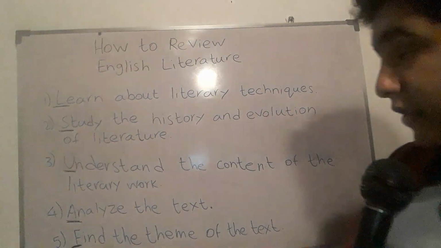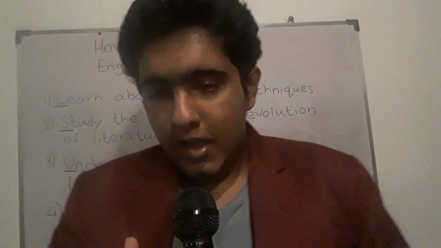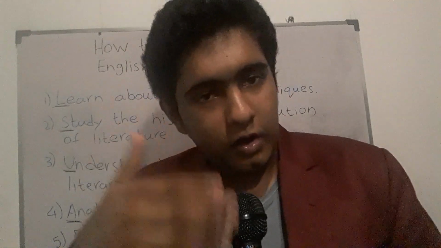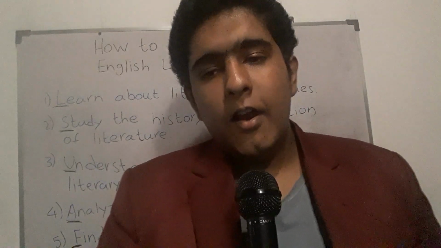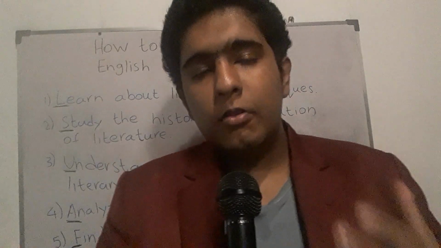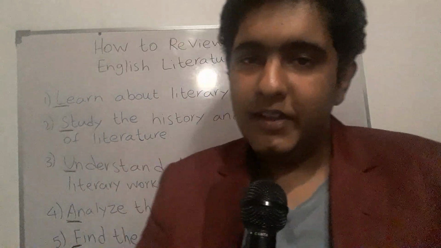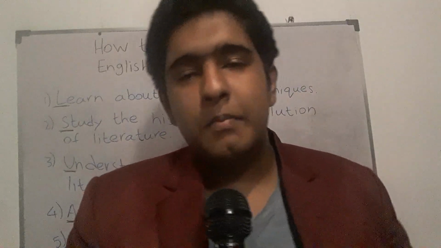Learn about literary techniques is the first one. Literary techniques, ladies and gentlemen, are the most crucial thing that you must learn before learning about English literature. Literary techniques are there to make the literary text more fun, more exciting. We have metaphors, similes, alliterations, oxymorons, paradoxes, and so on.